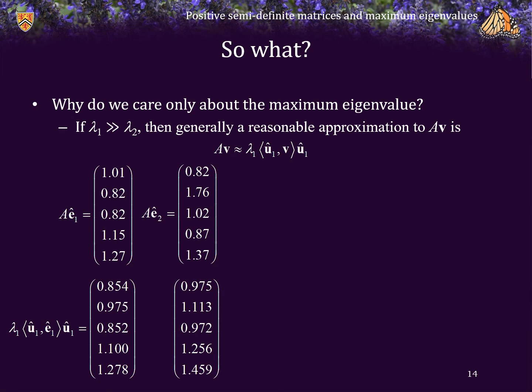So again, we see now that that too is a reasonable approximation. The last entry of the actual multiplication is 1.37. In the approximation, it's 1.46. A little bit larger, but not unreasonable.